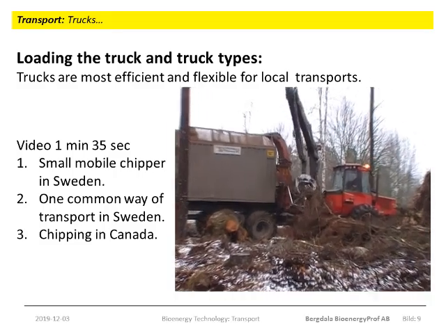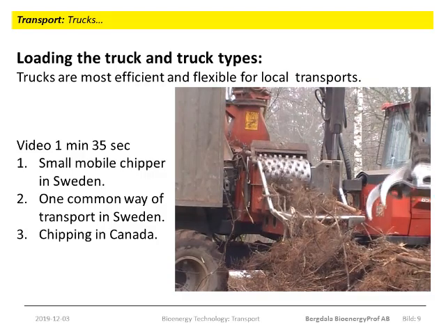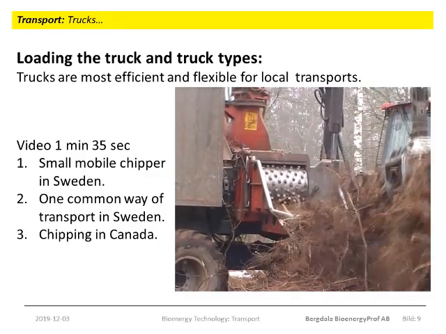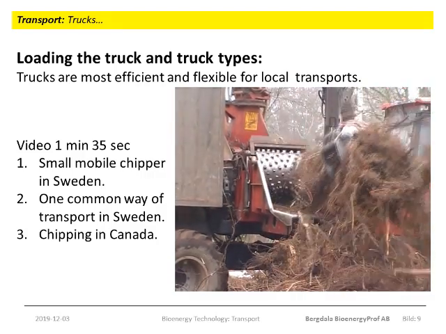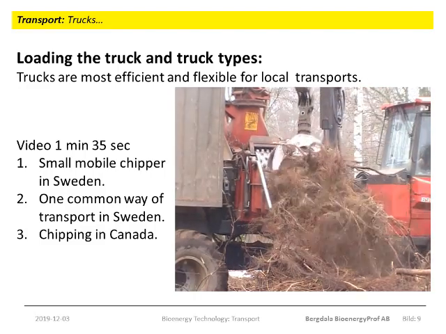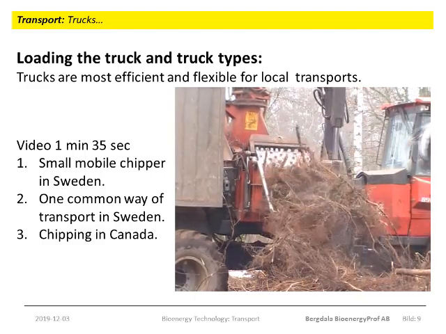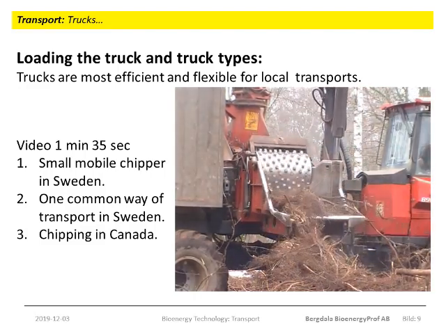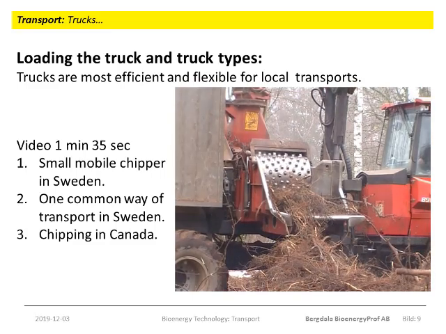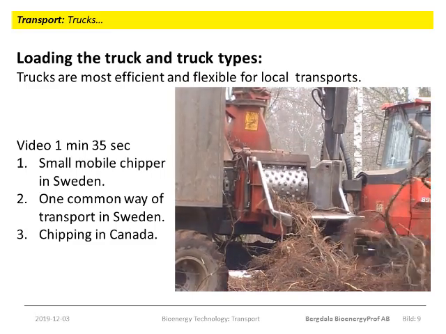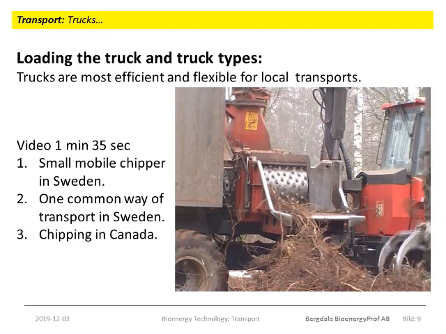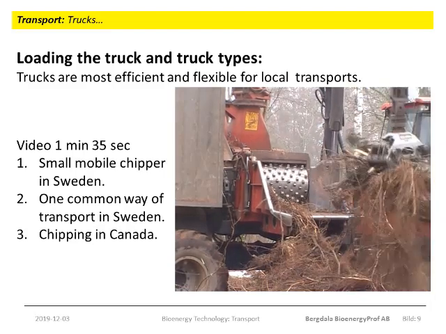This video shows a small mobile chipper working at a roadside windrow in Sweden. Look at the video twice, and the second time pay special attention to the small container attached to the chipper. This is to save weight and thus save the soil from damage, but the price paid is more driving.